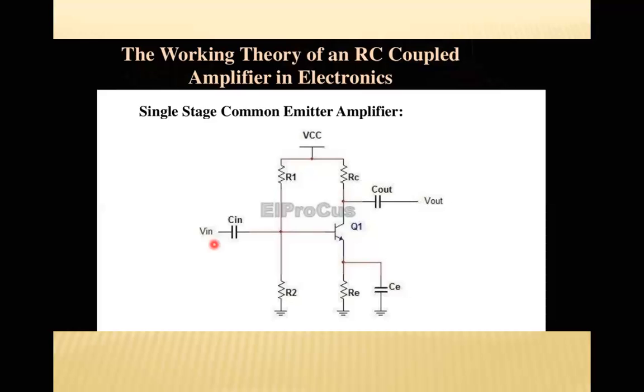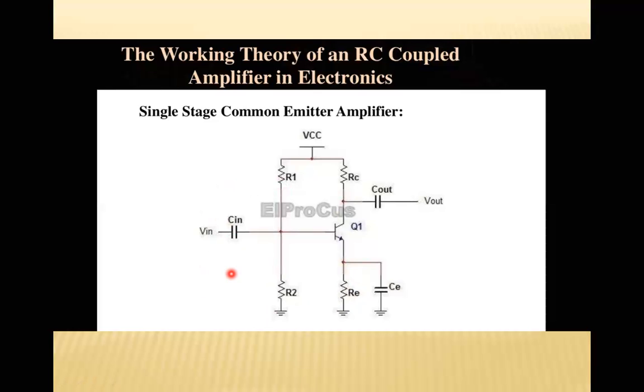So the resistances R1, R2 and RE form the biasing and stabilization of the circuit. The biasing circuit must establish a proper operating point, otherwise a part of the signal may be cut off. For the positive half cycle it is okay, but the negative half cycle of the signal may be cut off in the output.